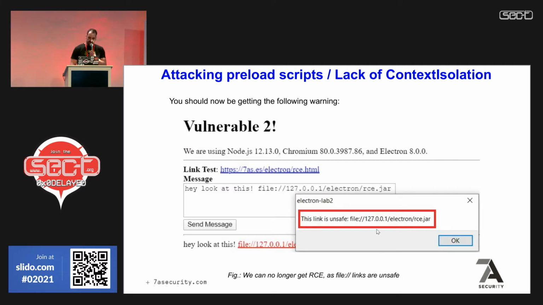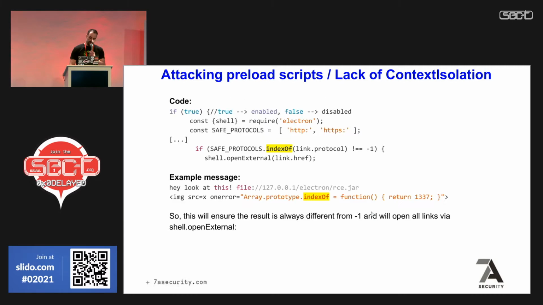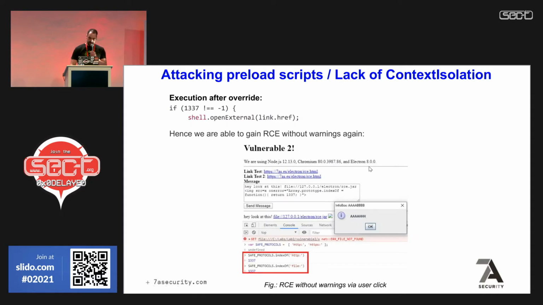So this is the security check. When you click on it, it says this link is unsafe. But we will bypass this by redefining the indexOf function, right? With this XSS, we redefine the indexOf function to always return this. This will bypass the security check, so we will get code execution without warnings in Windows, right?